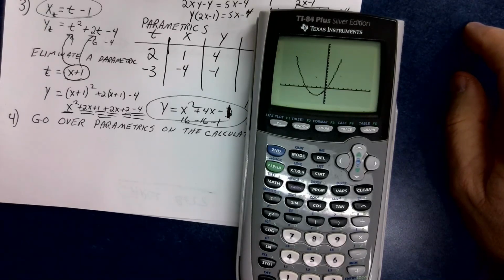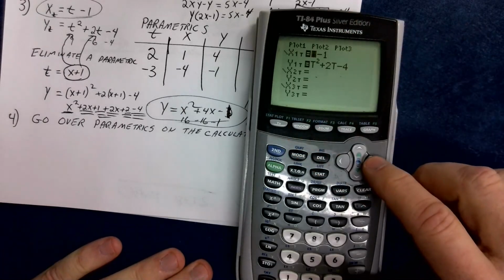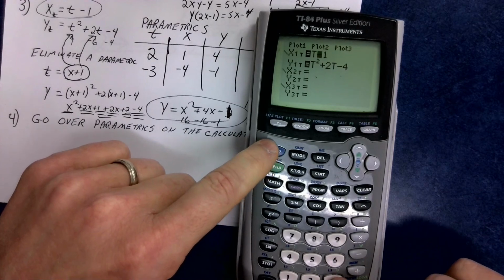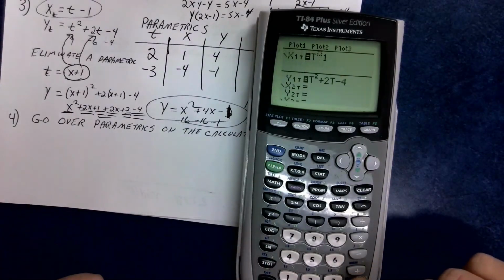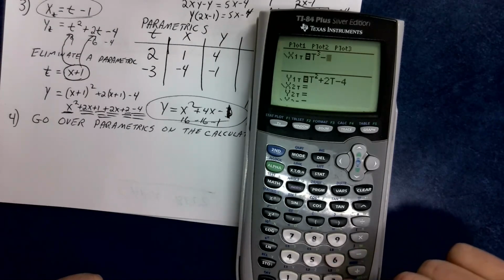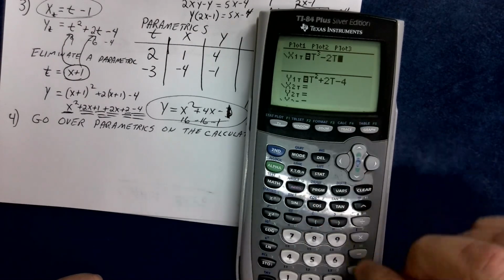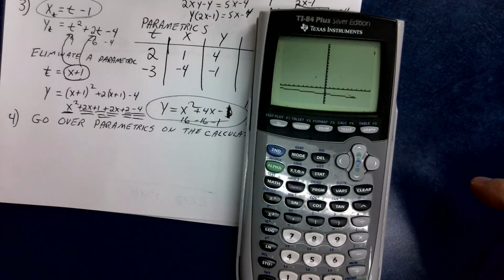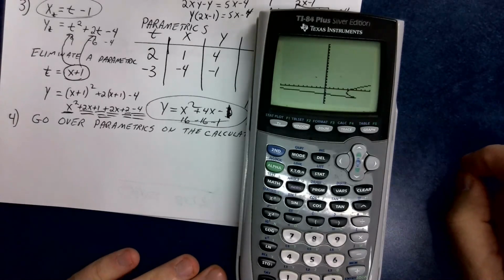Okay, so if I change some stuff around here, let me do this as, say, t cubed minus 2t plus 6, and I hit graph. What the heck?